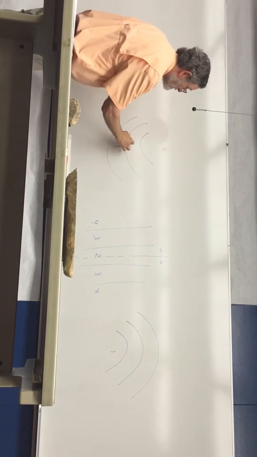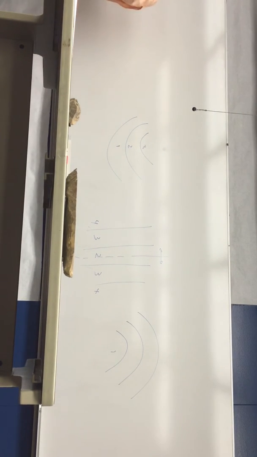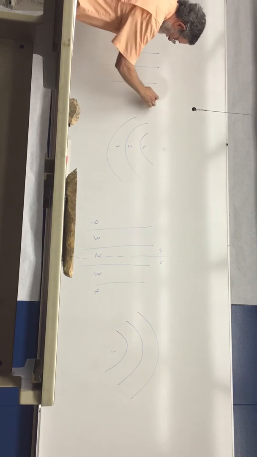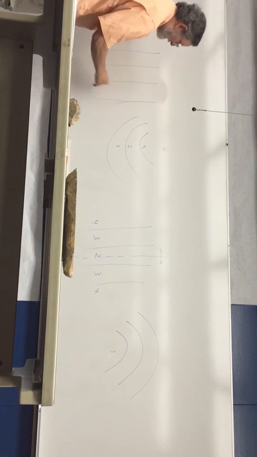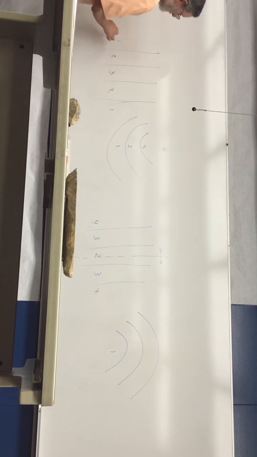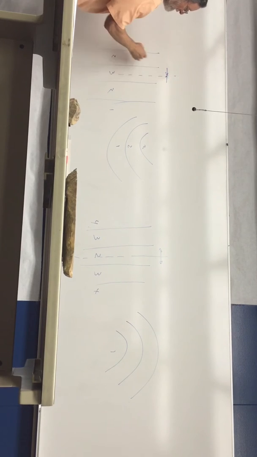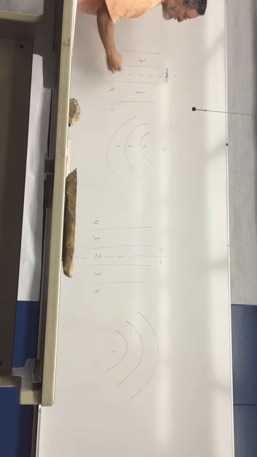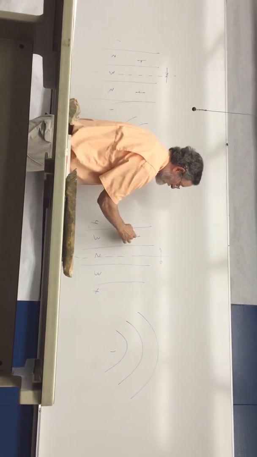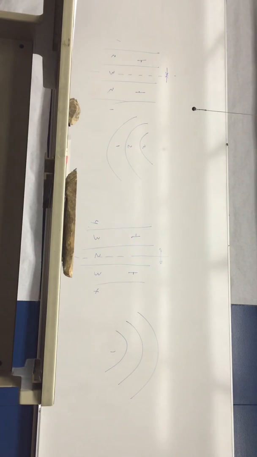So this would be 1, 2, 3, and the layers will dip in toward the core of the fold. If I had a map like this, where younger materials, 3, 2, 1, 1, this would be the hinge of my syncline. My layers dip in towards the center. In the anticline case, the layers dip away from the center.